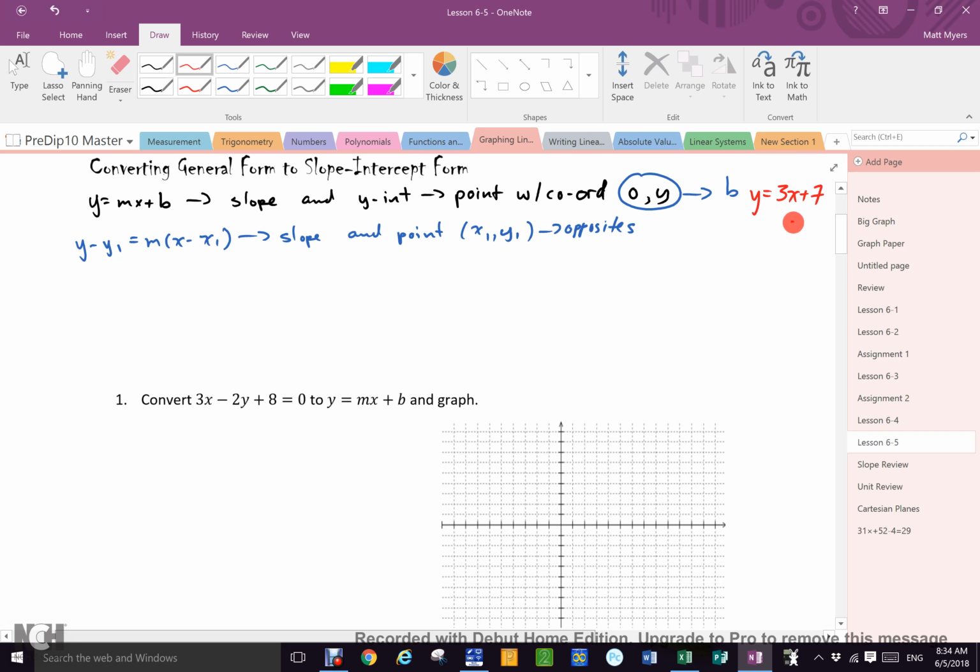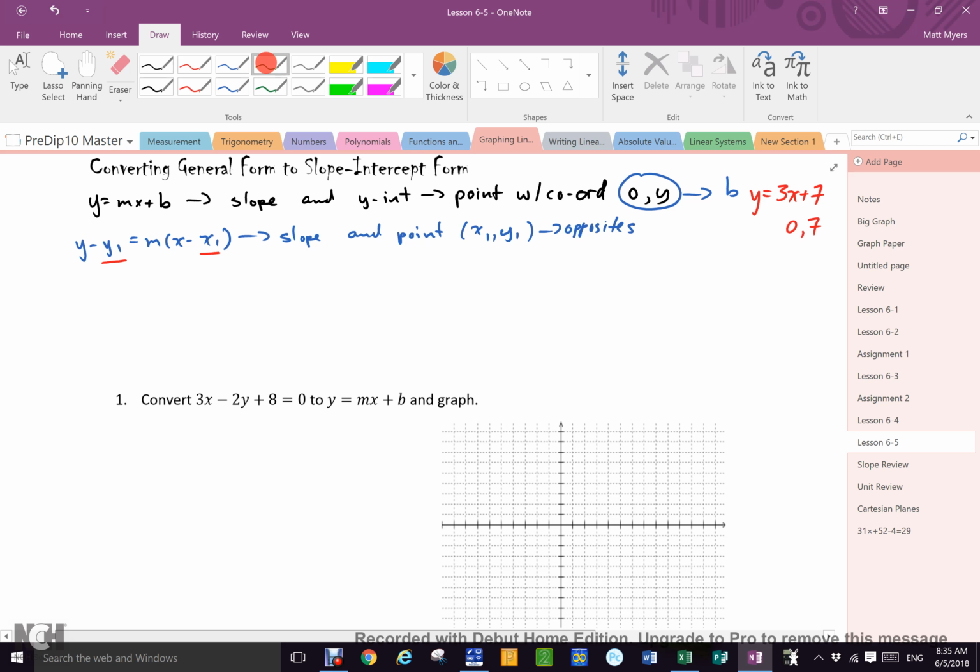Which means it is 0, 7, yes? Can I put that in there and there? Yes or no? Yes, because that is a point I know on the graph, and x1 and y1 is a point I know on the graph. Is everybody good? Okay, so you already know those two.